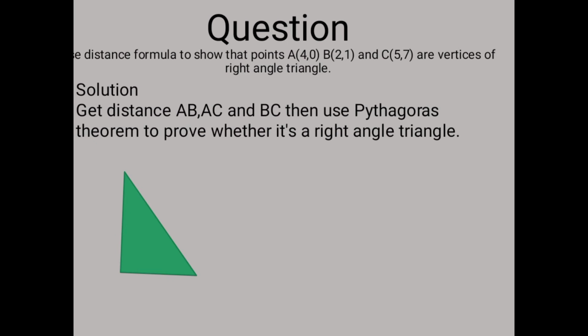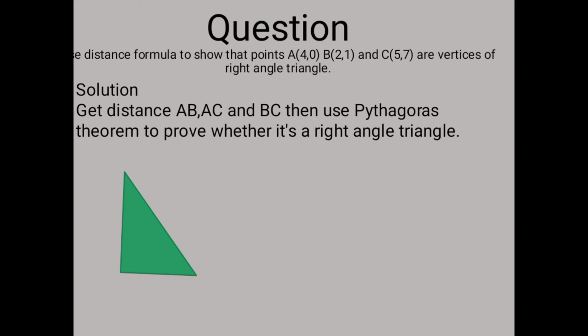Here we have a question. It's stated, use the distance formula to show that points A(4, 0), B(2, 1), and C(5, 7) are vertices of a right angle triangle. Solution. First, you have to get the distances.